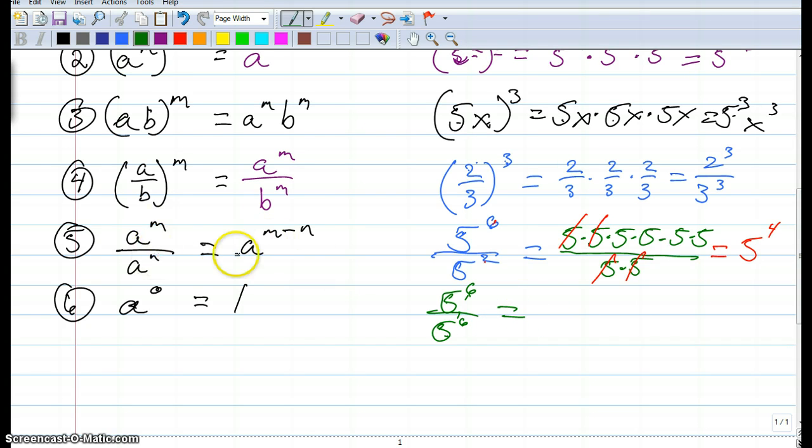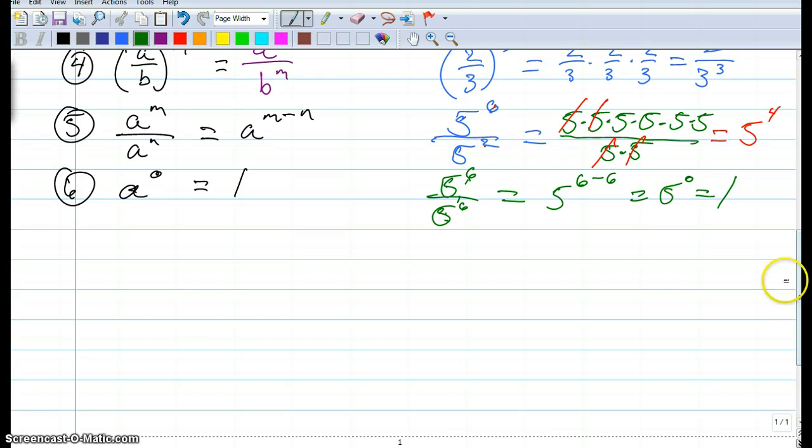But here, when we subtract them, we get 5 to the 6 minus 6 from our previous rule. And that shows us that 5 to the 0, and as we said, anything divided by itself is 1, is 1. A to the 0 is 1.